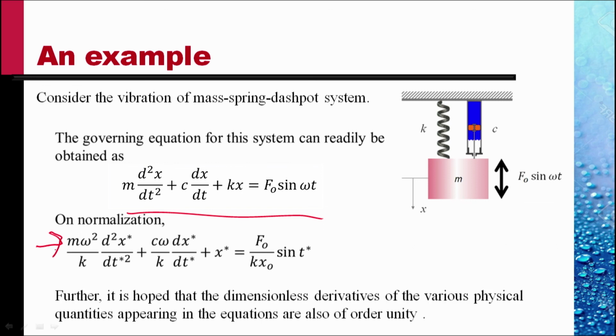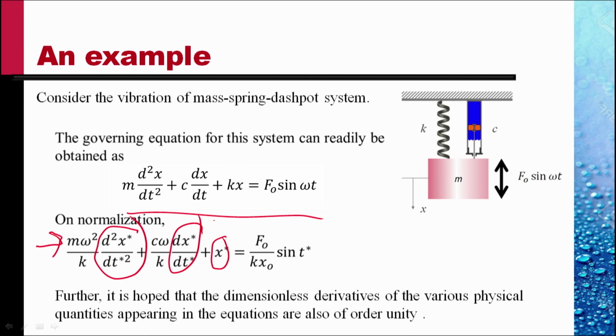Now if we have chosen our characteristic quantities properly, it is hoped that the values of x star and t star, as well as the dimensionless derivatives of the various physical quantities appearing in the equation, are all of order 1. So this is of order 1, this is of order 1, this is of order 1.